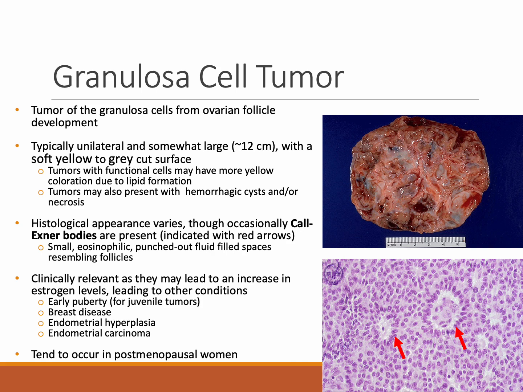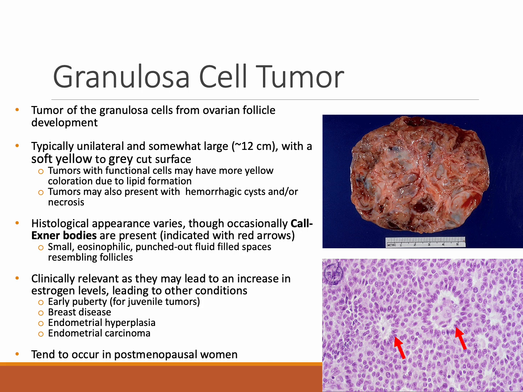Now, the other problem with these tumors, and this is very common to any endocrine tumor, is that when the tumor is functional and essentially low grade, the cells are doing what they're supposed to do, which means we get a lot of increase in that particular hormone. For granulosa cells, that means more estrogen. This may have clinical relevance because we've talked about how estrogen levels play a role in some of the pathologies.